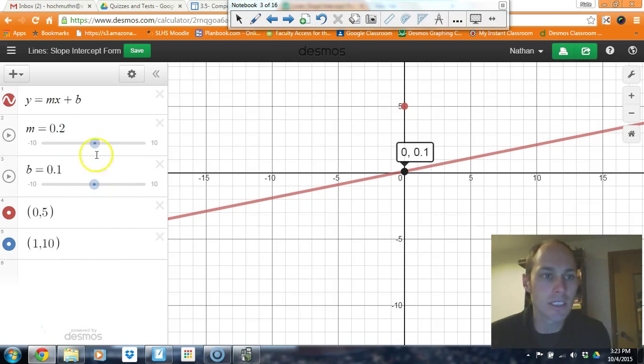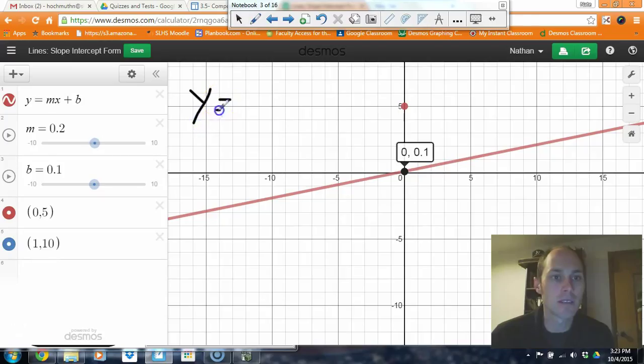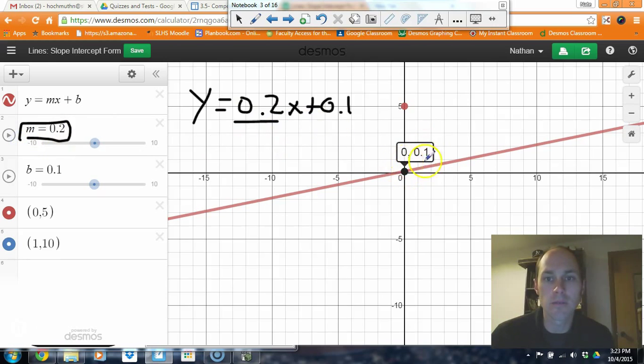If this is our equation, y equals 0.2x plus 0.1, you could tell me the m value is 0.2, so its slope is 0.2. So 2/10 would mean 2 rise over 10 run, so 1/5. So up 1 over 5. And then the b, this intercept, is 0.1.